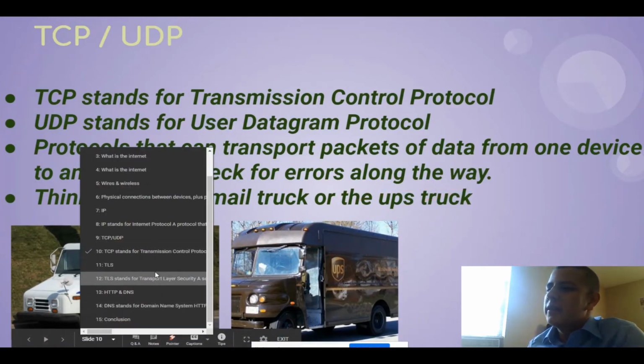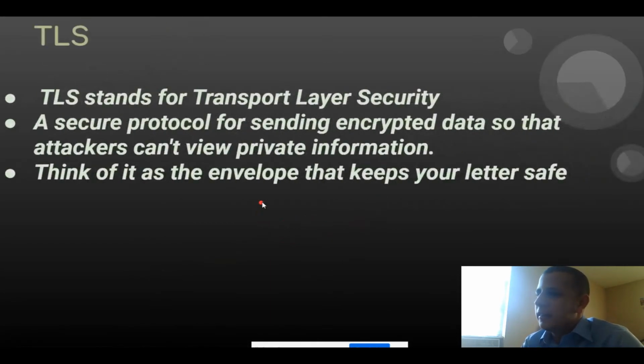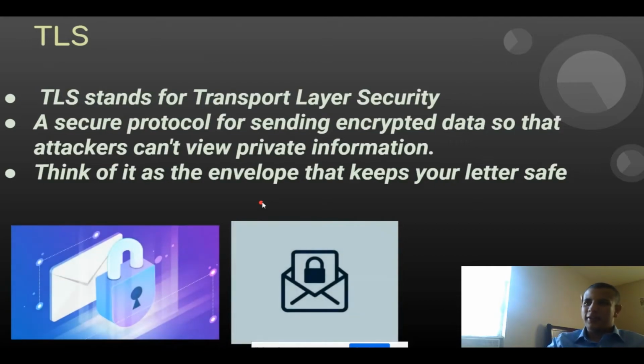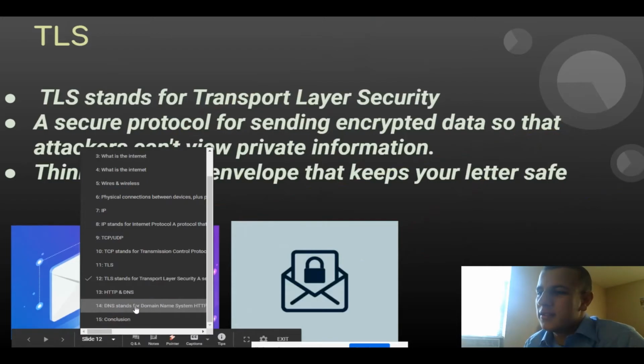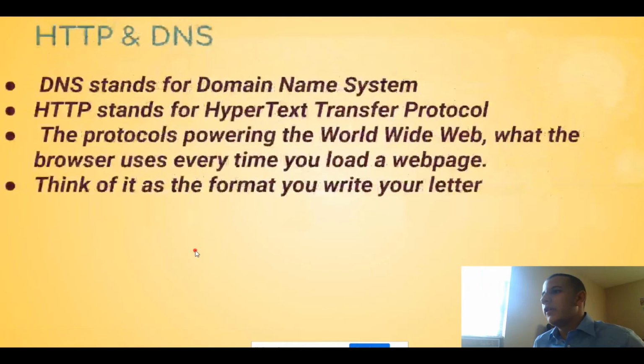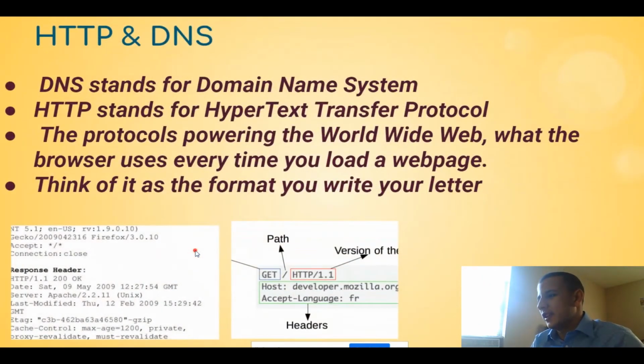Then TLS you can think of as the envelope that keeps your letter safe. It's the Transport Layer Security. There's a lot of math involved, and we'll look at this in future lessons as well. It's just an intro lesson. And then HTTP and DNS are the way we format letters in the internet so that everybody can understand what we're sending and receiving.